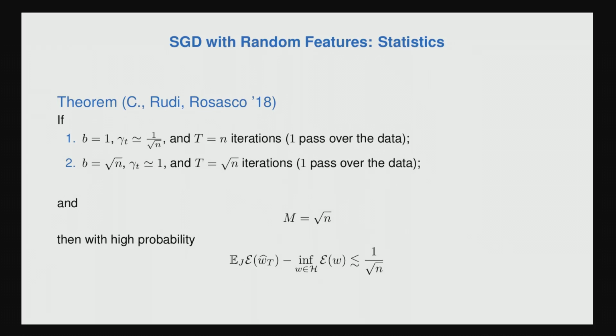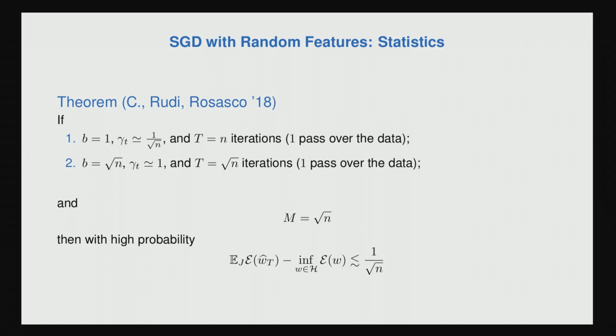Another option is to pick, again in one pass over the data, a number of random features of square root of n, but now we can increase our mini batch to square root of n points, and now we can take a constant step size. So somehow we are happy because we're taking a bigger step size and bigger batches, and we recover our bound.